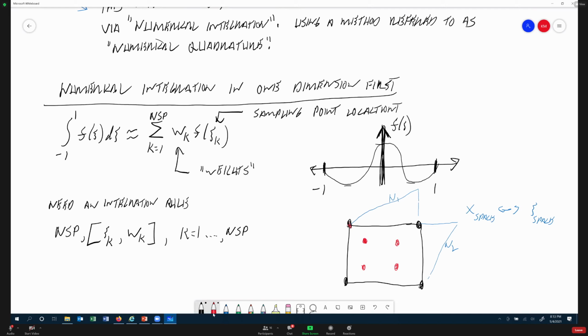We're going to do it at these other locations as part of our integration rule and our weighting. These points are w_k, the weights of where we're going to do this integration.